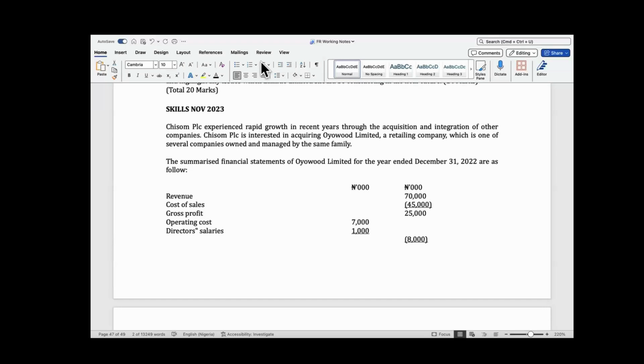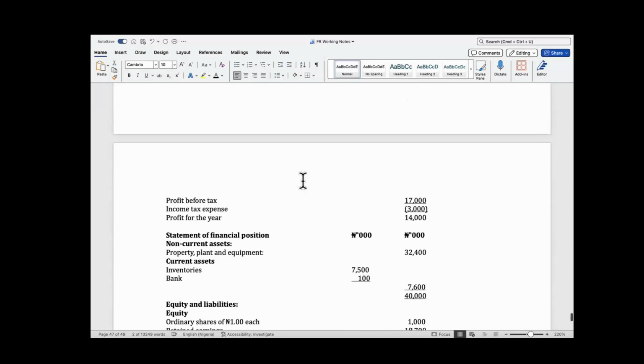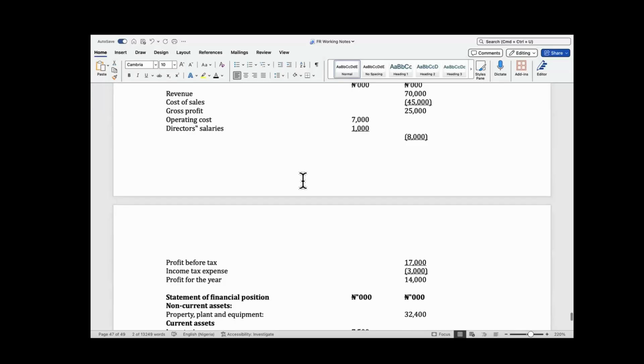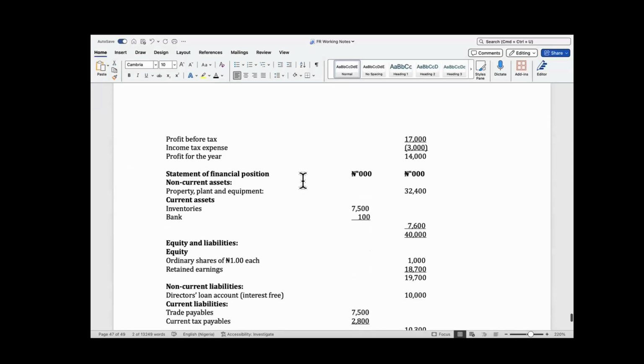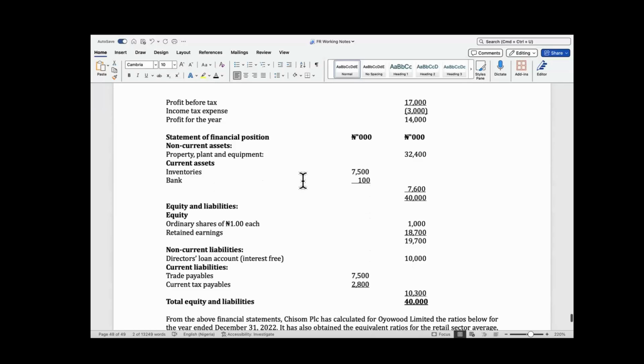The summarized financial statements of Oyowood Limited for the year ended December 31st, 2022 are as follows. I think we are giving 2 years statement. Also have a statement of financial position. All four figures are assumed to be correct.